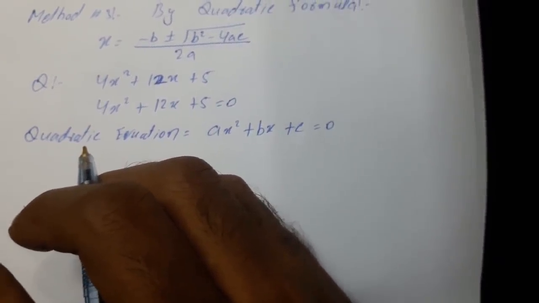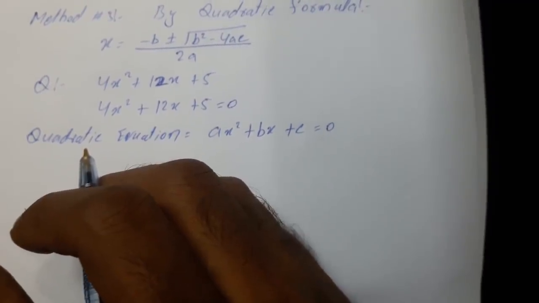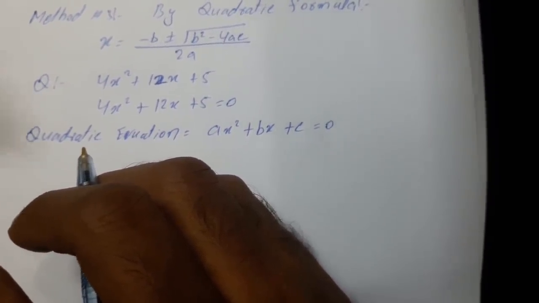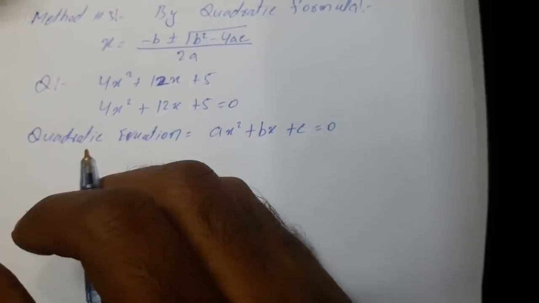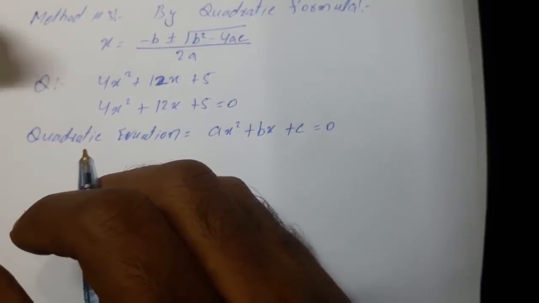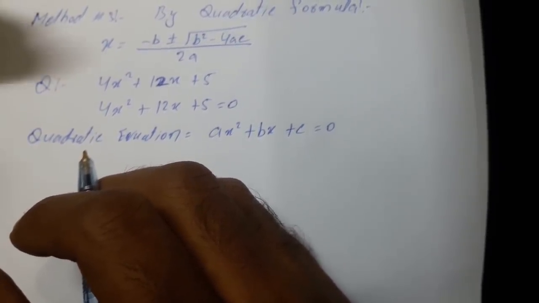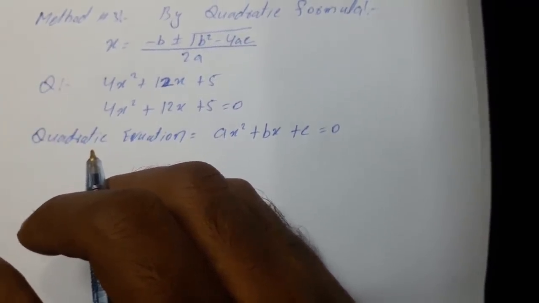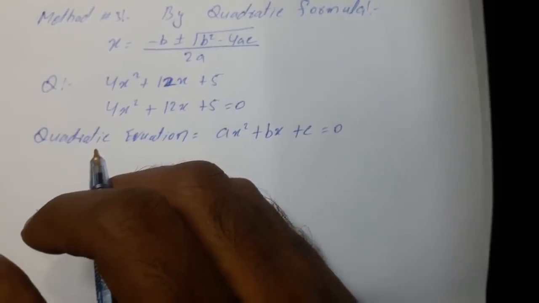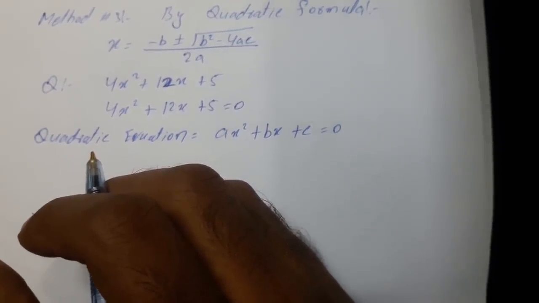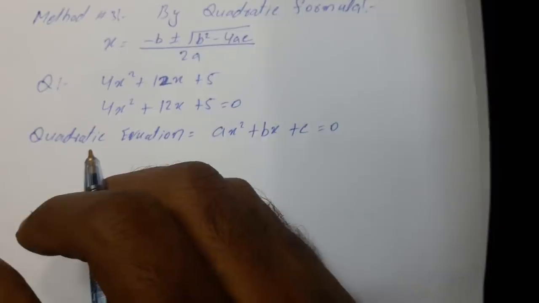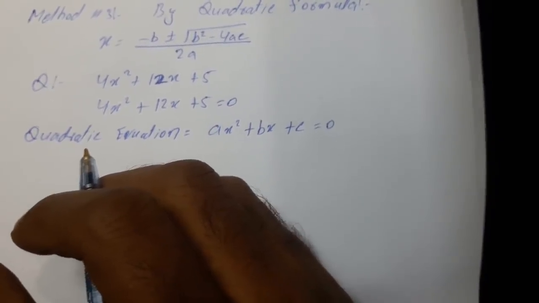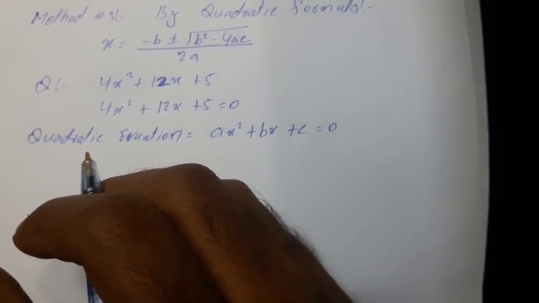You can solve by completing the square, you can solve by multiplication, you can solve by quadratic formula. The quadratic formula is the easiest way to solve this. So I recommend that you follow this formula. If you are not able to remember this formula, then you should move on to method 1, by multiplication. You should remember that one.